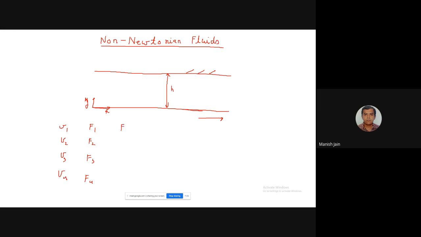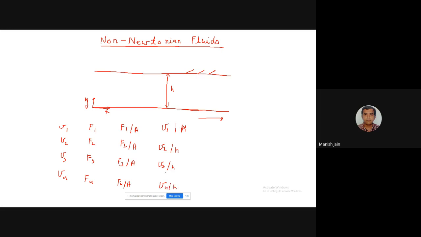Now calculate F by A, where A is the area of the plate, and divide the velocity by the height h. So this is a hypothetical experiment.